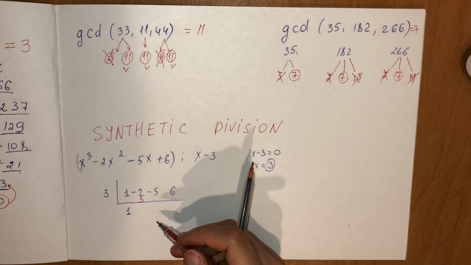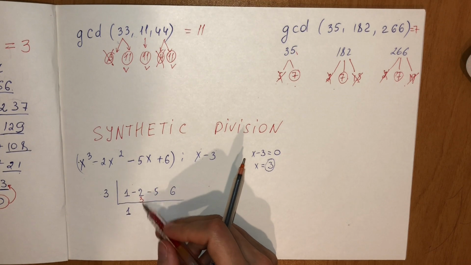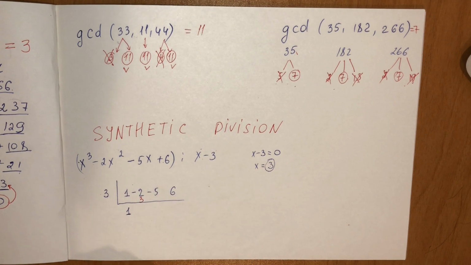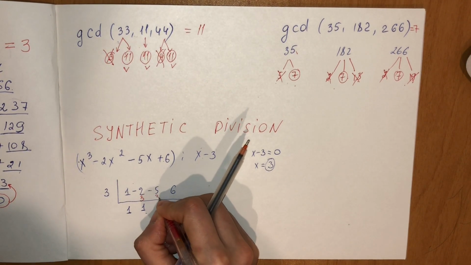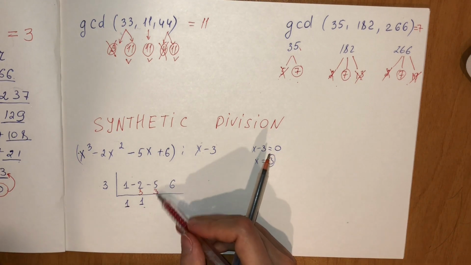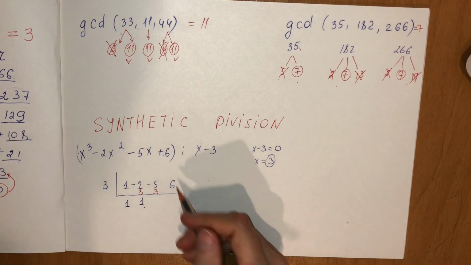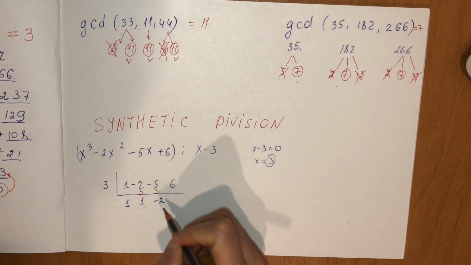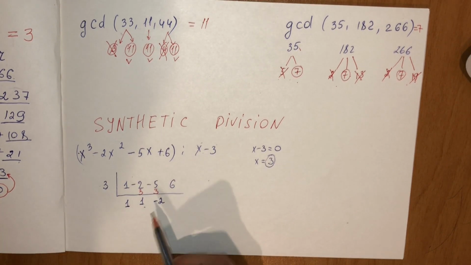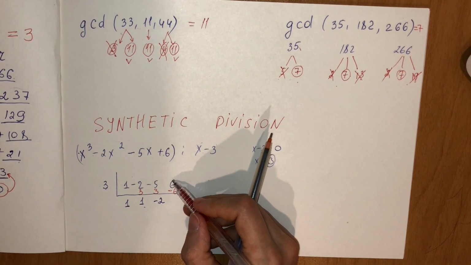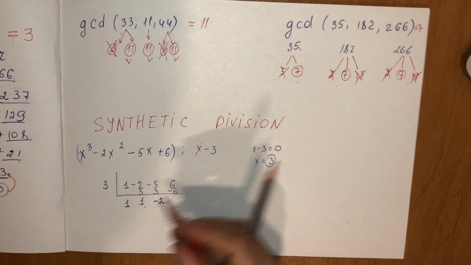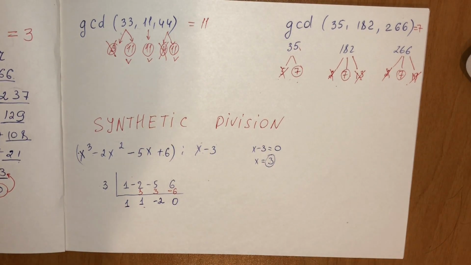If we add both these sides, we get 1. And 3 times 1 is equal to 3 again. And if we add these parts, we get minus 2, and 3 times minus 2 is equal to minus 6, and the sum of positive and negative 6 is equal to 0.